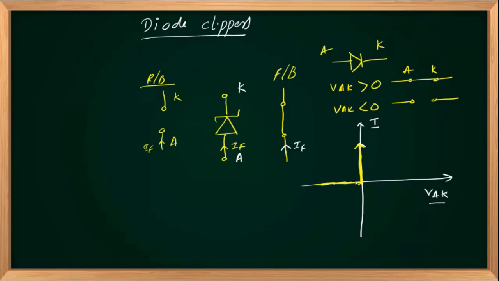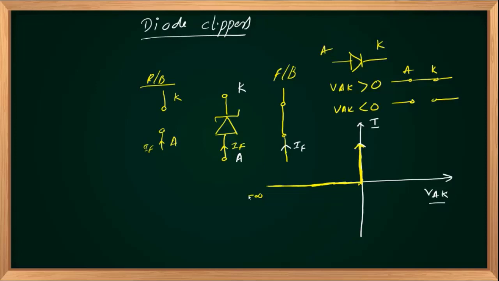But our ordinary diode never breaks down in the reverse direction. It's an ideal one. You can vary your reverse voltage up to infinity, minus infinity specifically.